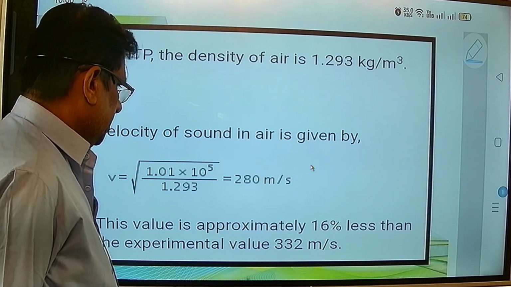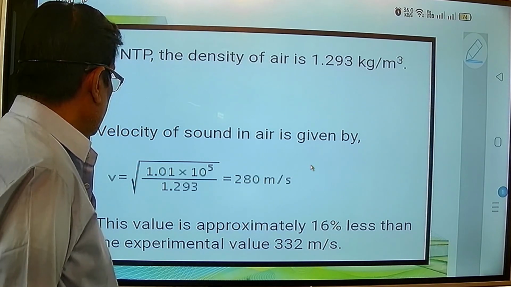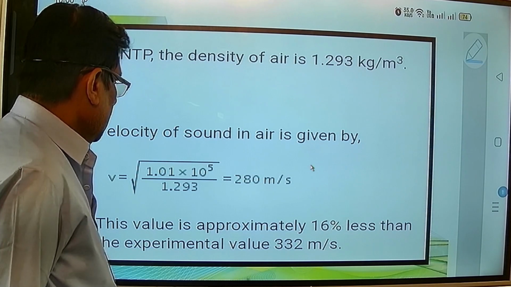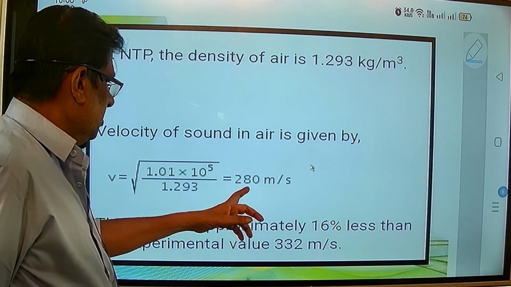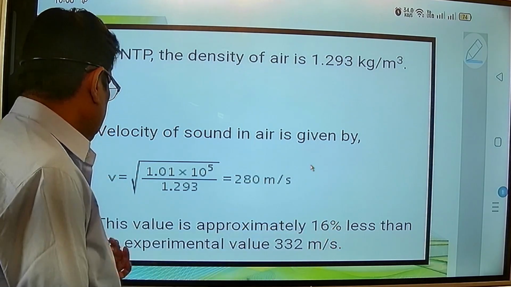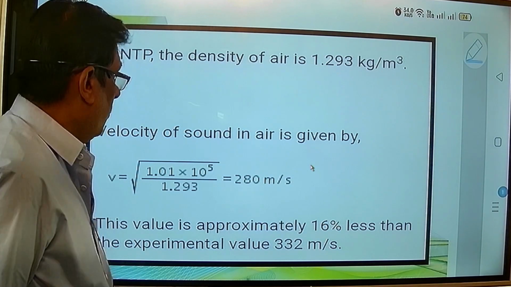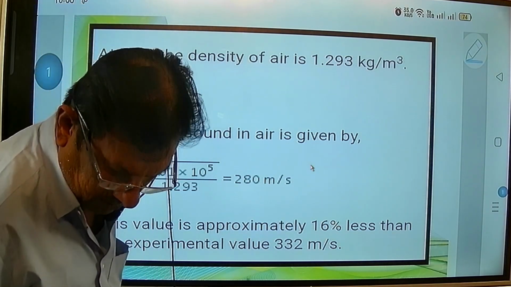If we compare this with the experimental value of the velocity of sound, the experimental value was 332, but when we calculated it, we got 280. It says that it is 16% less than the experimental value. So this is all about the equation.